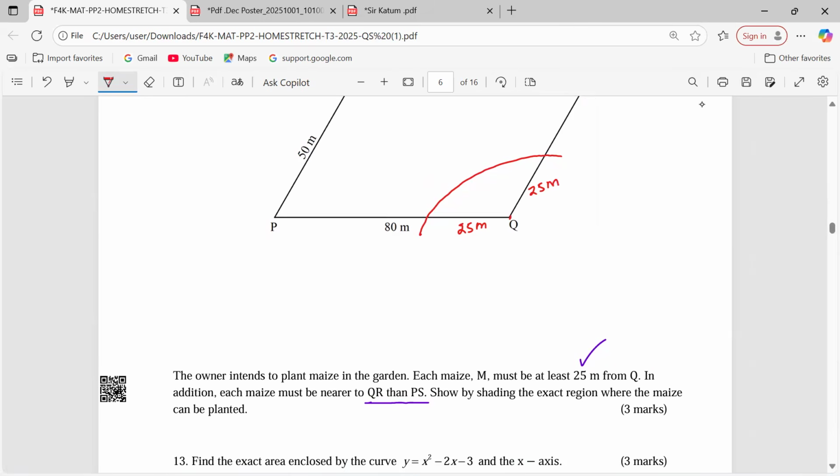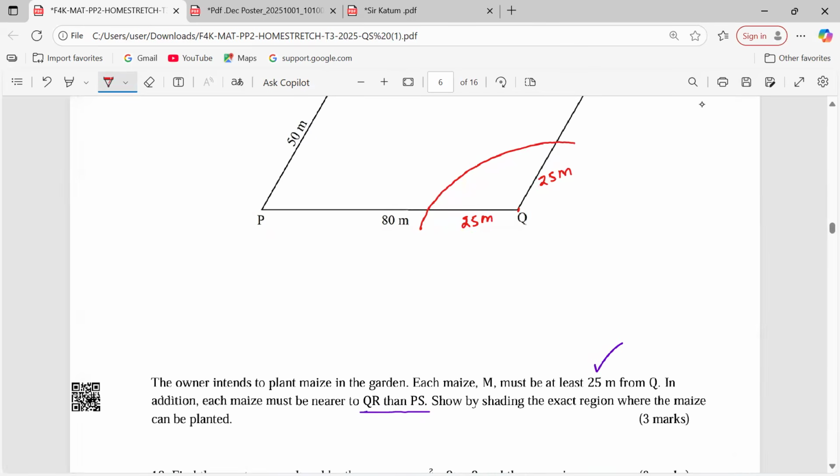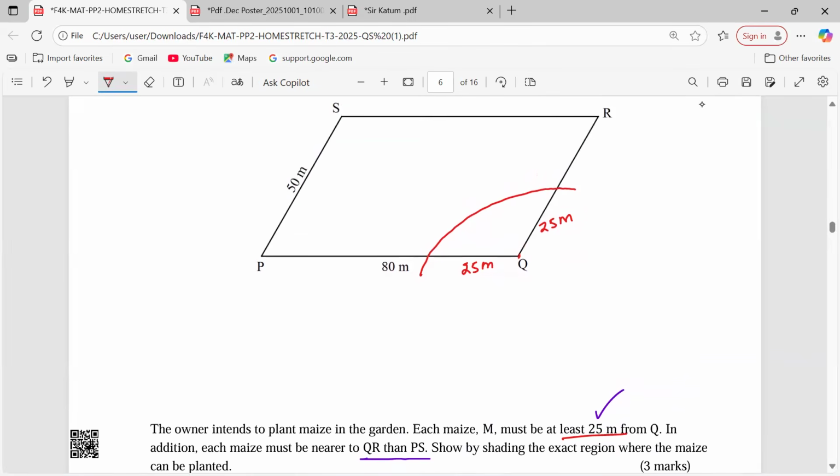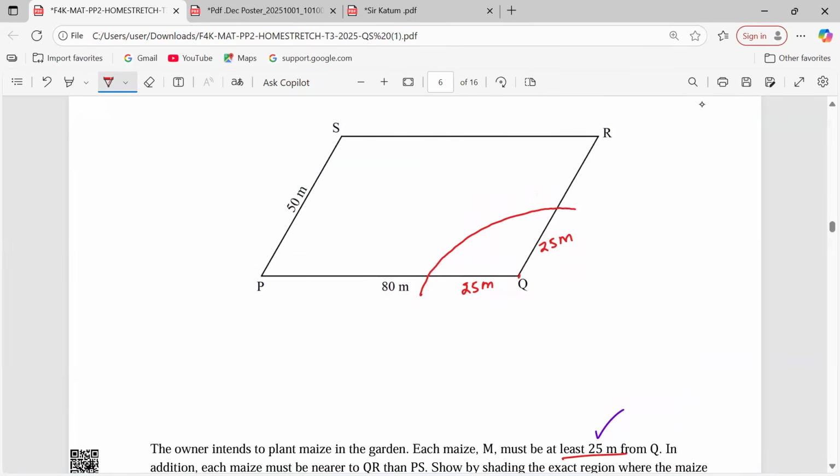I'm using a complete line because it is at least 25. Could be 25 or beyond. If in case you'd been told should be more than 25, we would have used strictly 25 and we dot it to show that it is beyond that. But now a complete line indicates that it can be at 25.